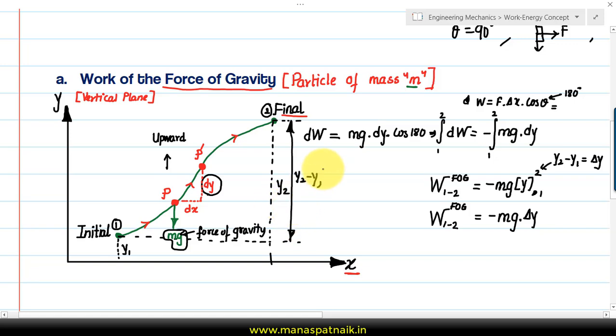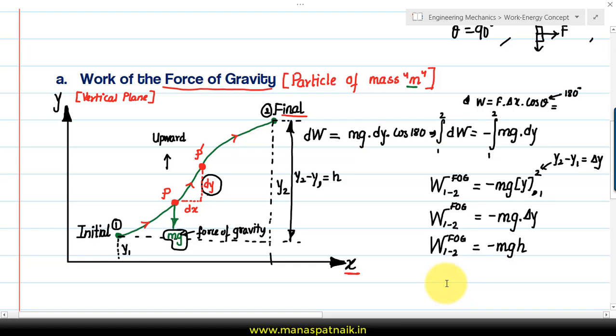Watch this carefully. And y2 minus y1 can essentially be written as h, let's say. So we can write this formula as, again, work done in taking the particle from 1 to 2 by the force of gravity is equal to negative of mgh. That's it. So there is a conclusion.